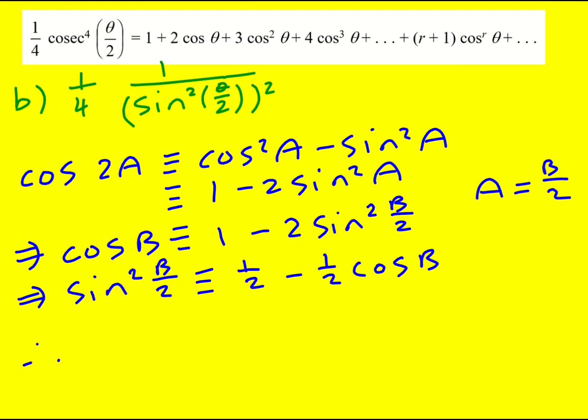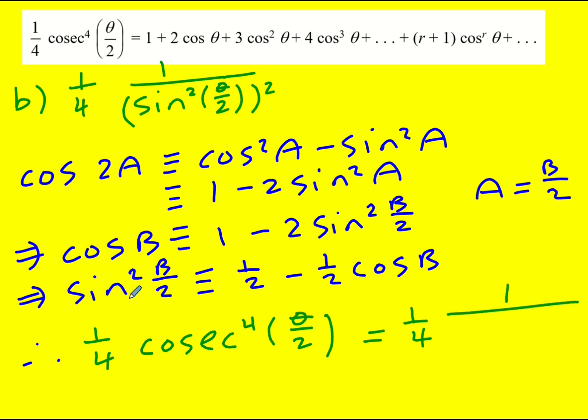And therefore a quarter cosec to the 4 theta over 2 is actually equal to a quarter times 1 over, and I can replace that sine squared theta over 2 by a half minus a half cos theta, which I then have to square.